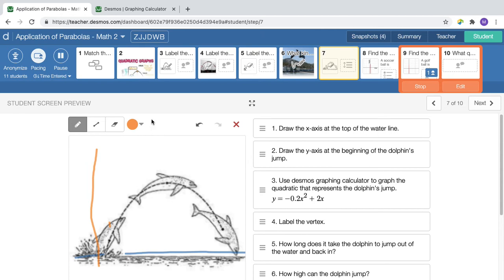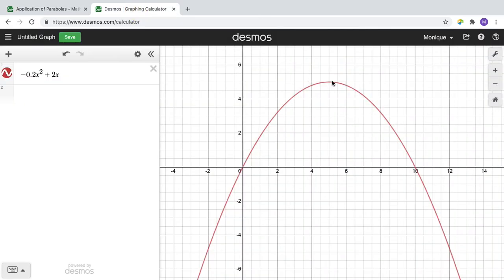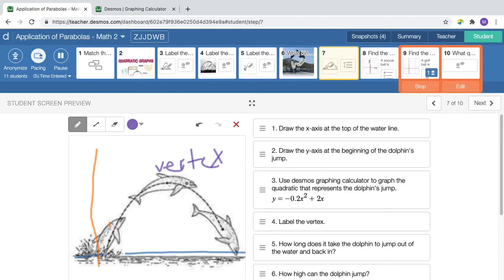So the vertex would be here. And if I go over to my calculator and look at the vertex, I have a numeric value of 5, 5. Remember, this is an ordered pair. So the x value is 5 and the y value is 5.